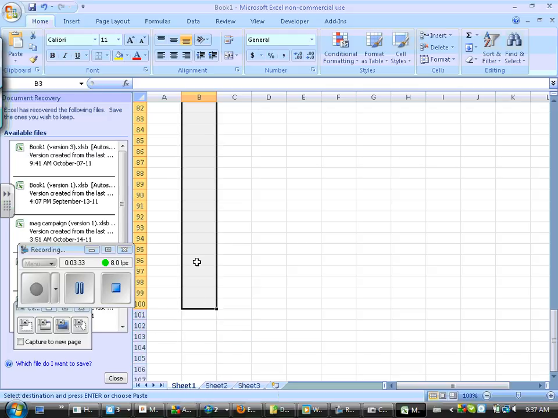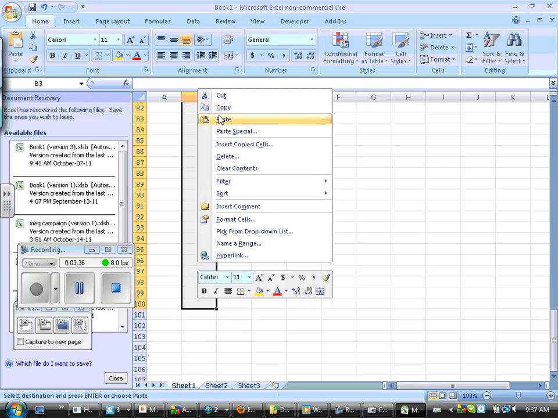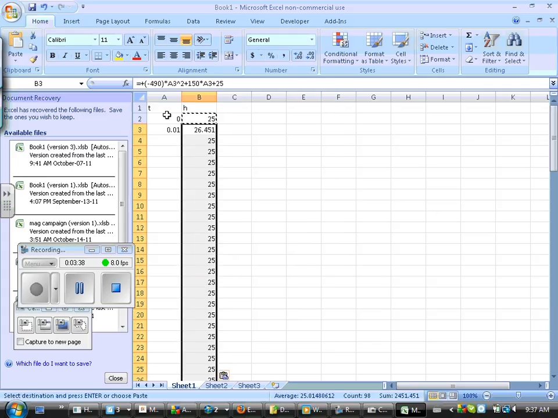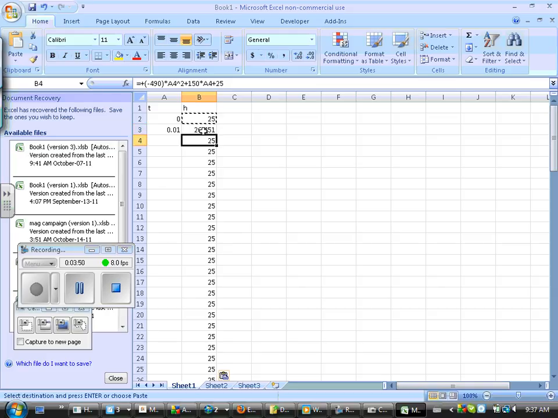And since I'm on Excel, I can do a lot of values. I don't have to worry about doing any calculations, so I can really make as many as I want. Those are all 25 because I haven't entered the t values yet. So then what I want to do is copy that formula that's in A3 that always tells it to look above and add 0.01 to get the next t value.